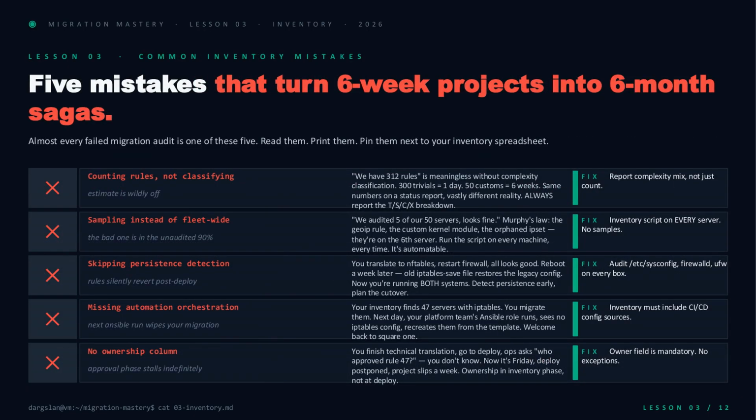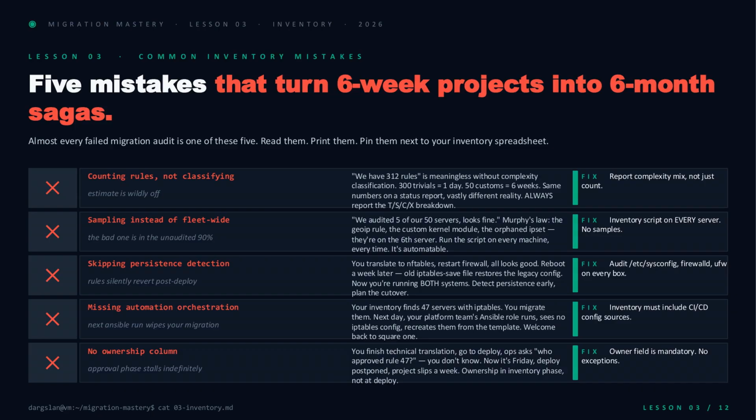Before you run those drills, let me save you the 5 mistakes I see every single audit. 1. Counting rules instead of classifying them. 300 trivials and 50 customs both report as 350. But they're a 1-day job versus a 6-week job. 2. Sampling. The bad rule is always on the server you didn't check. 3. Skipping persistence detection.